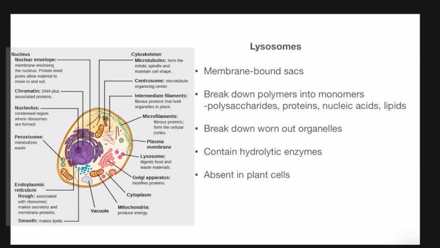Lysosomes are also membrane bound, but the difference between peroxisomes and lysosomes is what they break up. So where peroxisomes were breaking up fatty acids, amino acids, and hydrogen peroxide, lysosomes are going to be breaking up two kinds of things. One, they're going to be breaking down polymers, and two, they're going to be breaking down organelles. Those are the big things that they're breaking down.